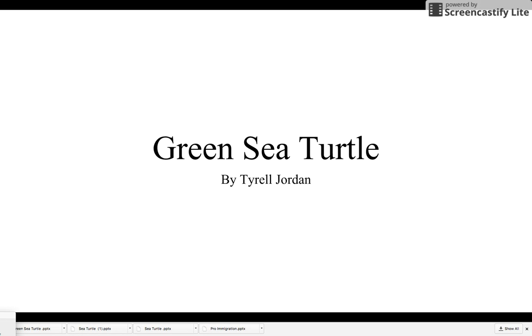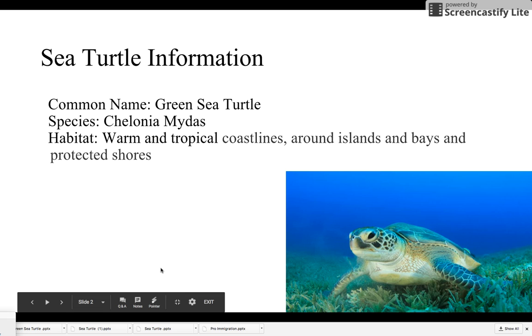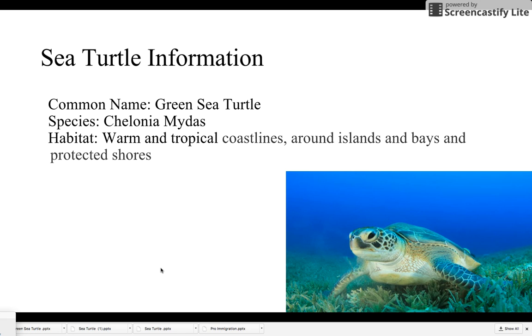I am going to guide you to the wonderful world, or should I say habitat, of the aquatic green sea turtle. So first, I have some basic information about the sea turtle for you. The common name for it is the green sea turtle, but the species name is Chelonia midas.